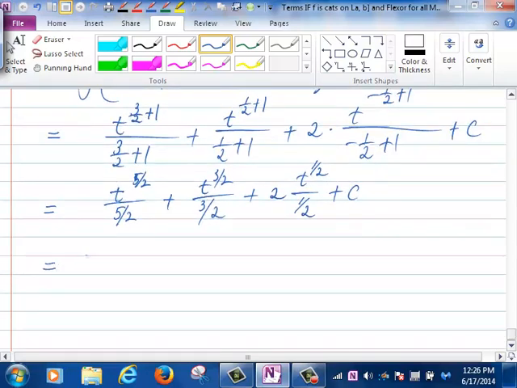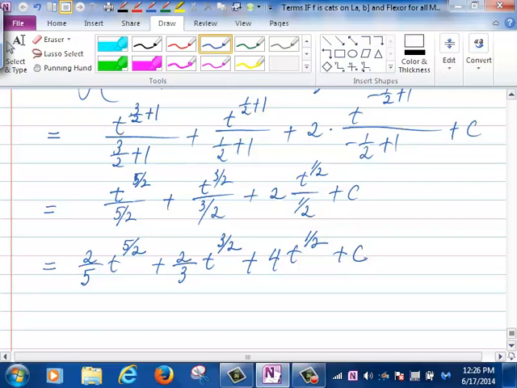So this would be 2/5 t to the 5 half, plus 2/3 t to the 3 half, plus, what would that be? 4 t to the half, plus a c.